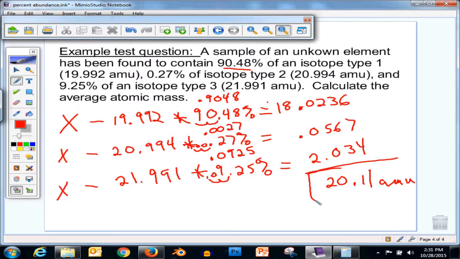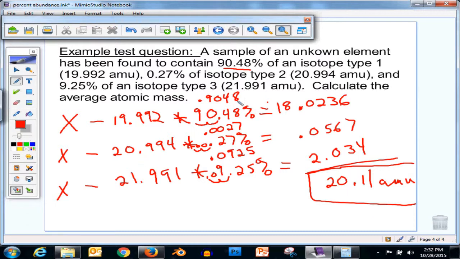Now, here's a question. Can I look this up on the periodic table and tell what element that is? Okay? Now we could argue this.